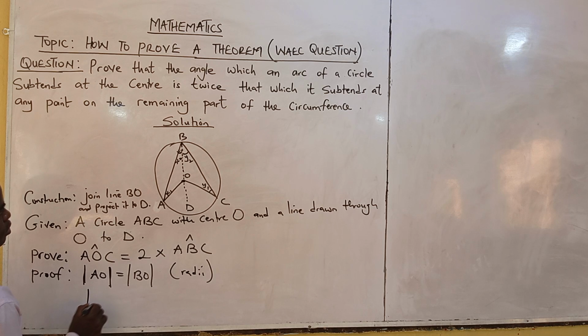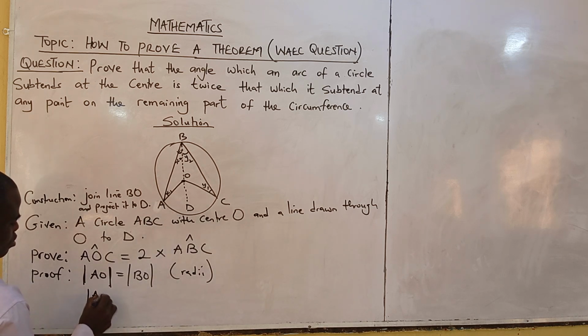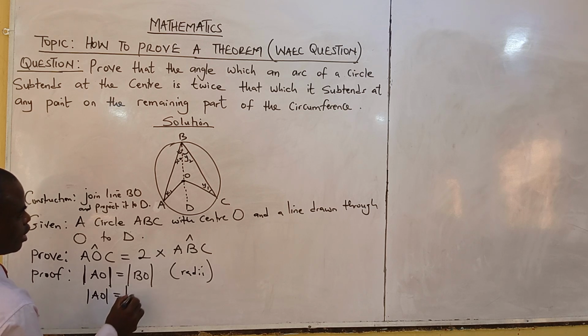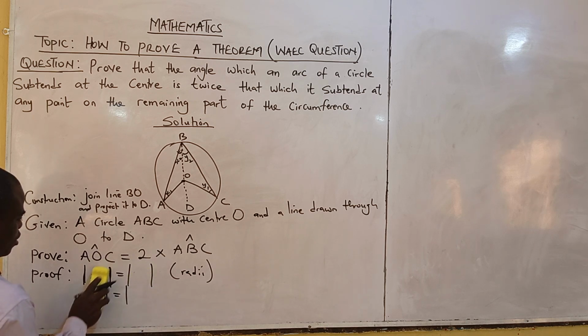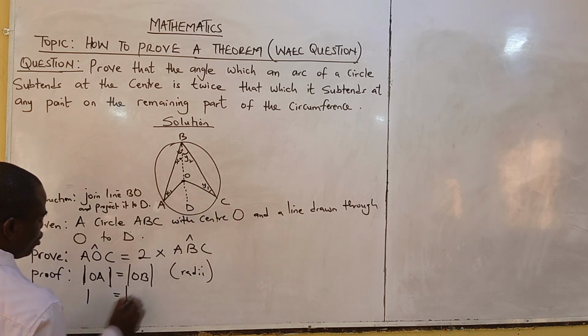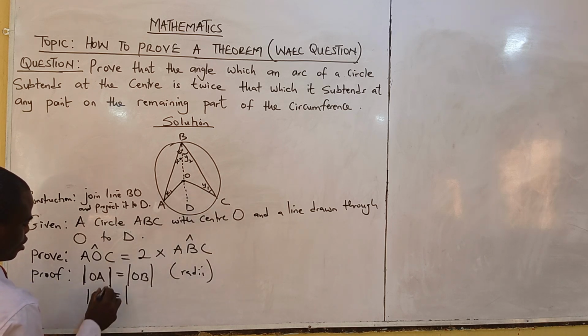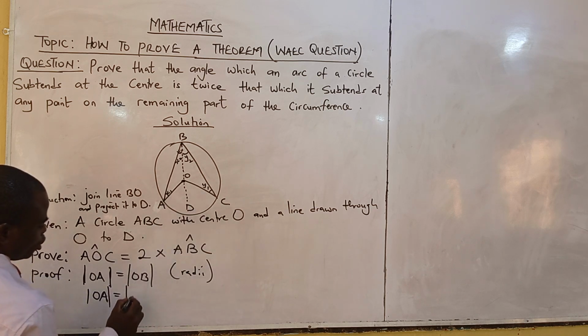Also line AO equals line OC. Okay, let's start with O. Anyhow you write it, but I want to start my own with line OA equals line OB, and also line OA equals line OC.